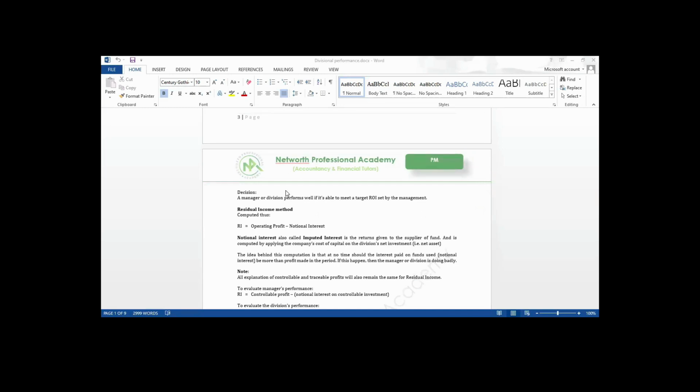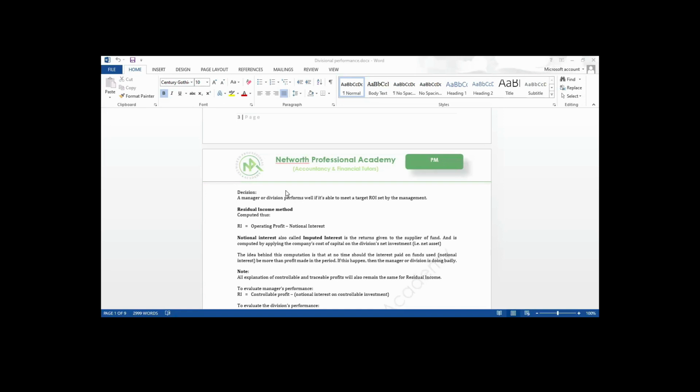What is residual income? It is simply the operating profit less notional interest, or what we call imputed charges, imputed interest.